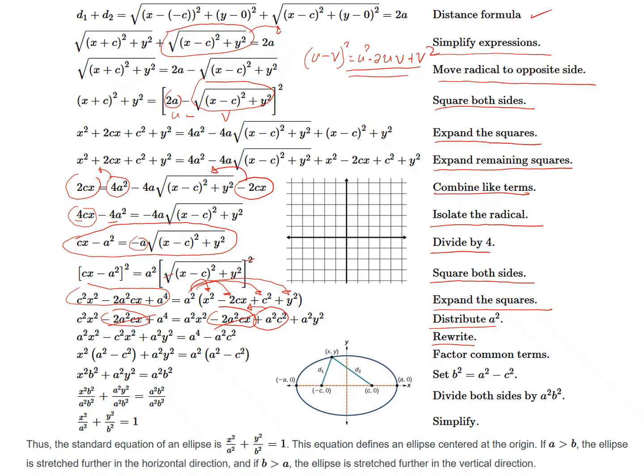Okay, so let's find similar terms here. E squared x squared. So we can reduce. So we have e to the fourth. Okay.